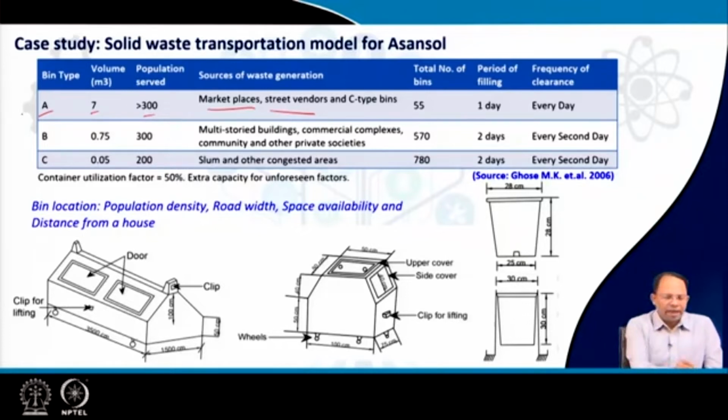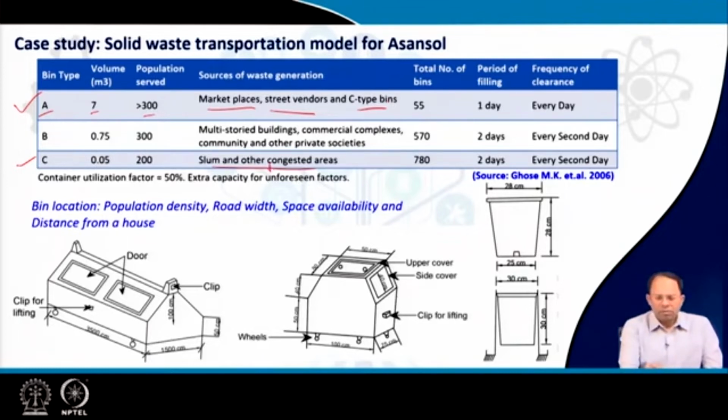That means A acts as the secondary storage for garbage collected from C-type bins, and C-type bins are put in slums and other congested areas. That means these are the residential areas where smaller vehicles collect this particular garbage waste and then bring it to these larger bins so that it could be transported via larger lorries.